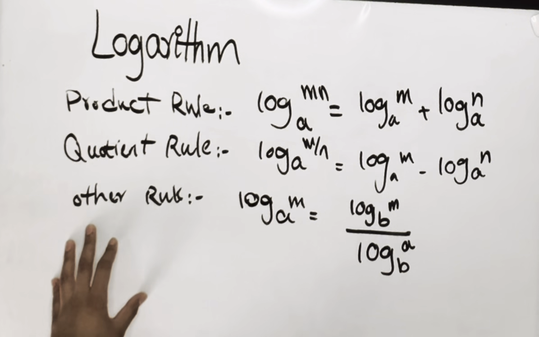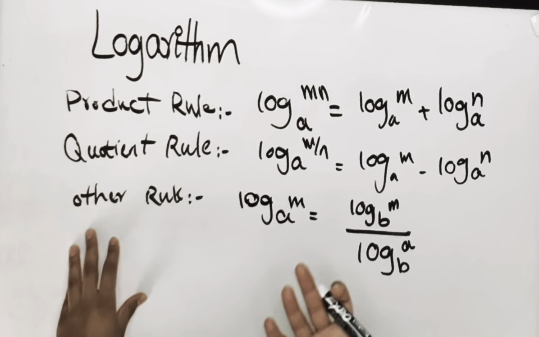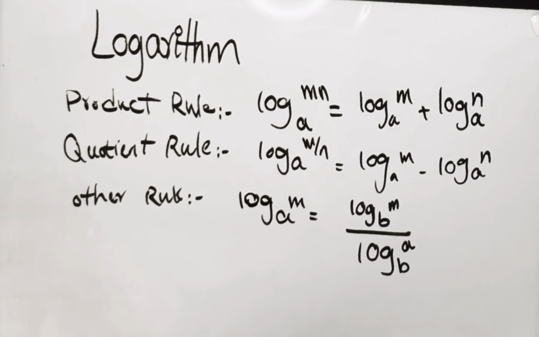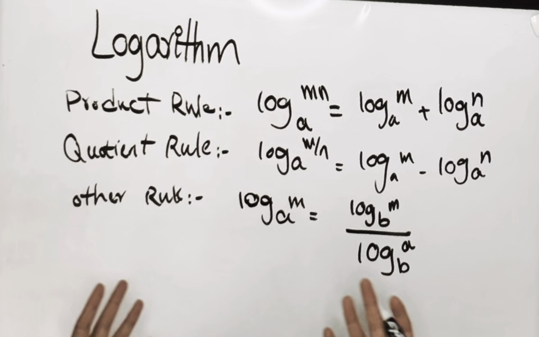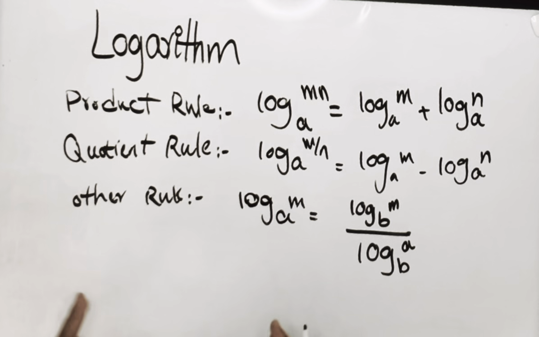And there's another rule that's really important that you might use sometimes to solve some tricky questions. It's log base a of m equals log base b of m divided by log base b of a. Now we're going to do some examples to use the product rule, quotient rule, and the other rule.